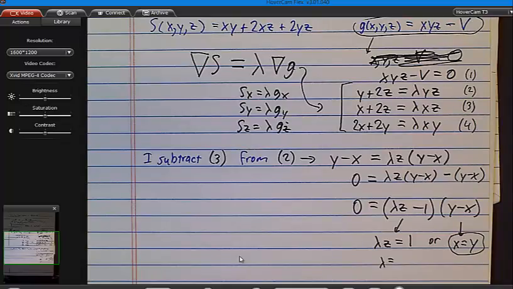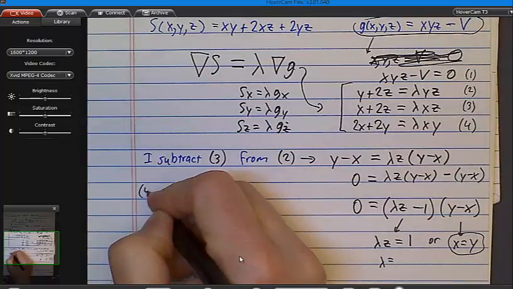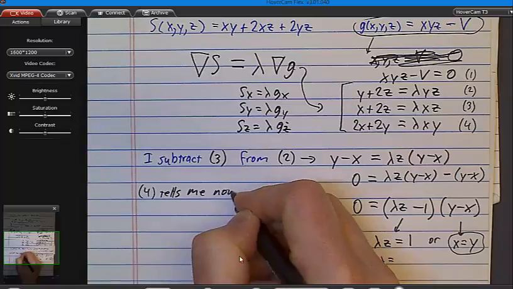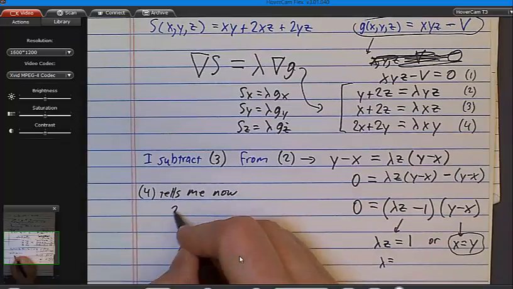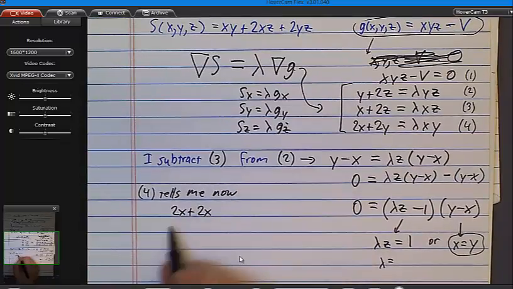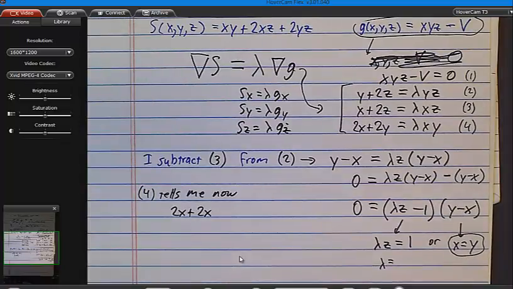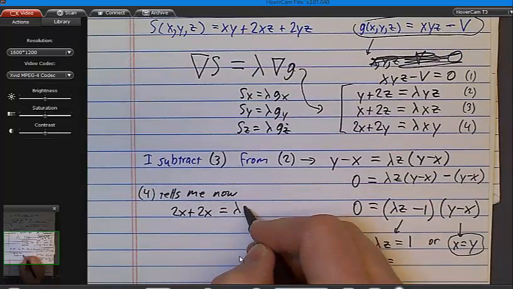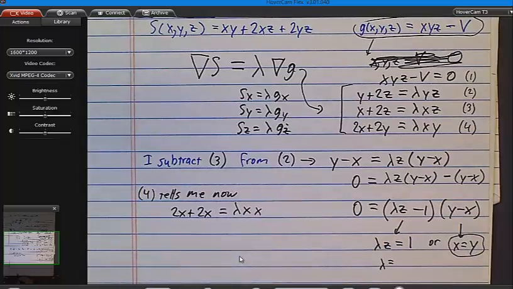It would say, right, so equation 4 tells me now that 2x plus 2x, because x equals y, if I'm in that situation, equals lambda times x times x.